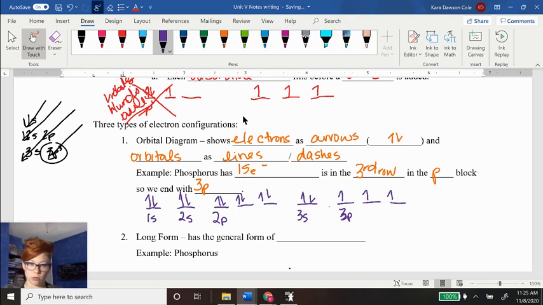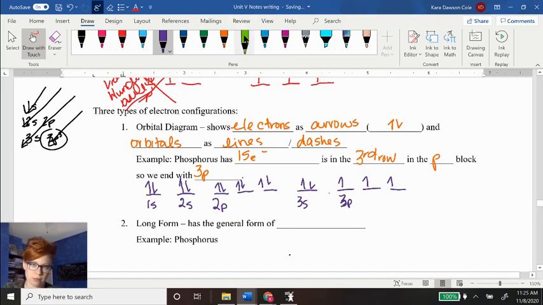That is due to Hund's rule. Remember Hund's rule, you've got to go all up and then down, or all down and then up. It doesn't really matter which way you do it. So this is 1, 2, 3, 4, 5, 6, 7, 8, 9, 10, 11, 12, 13, 14, 15. So we have 15 total electrons there. That's the orbital diagram.